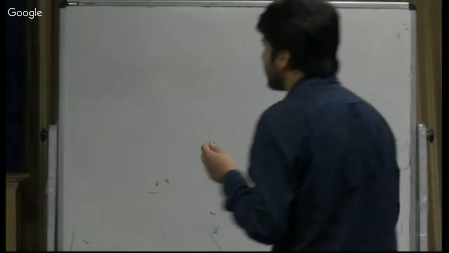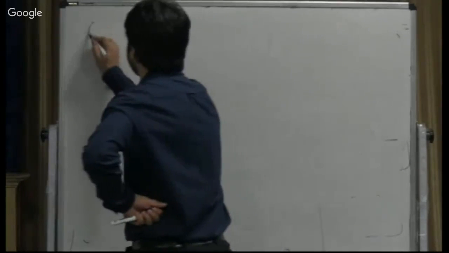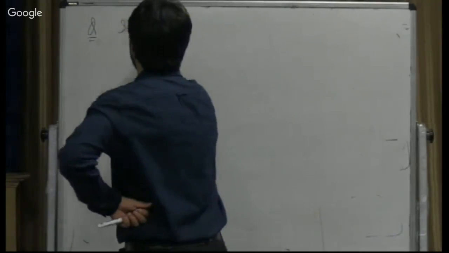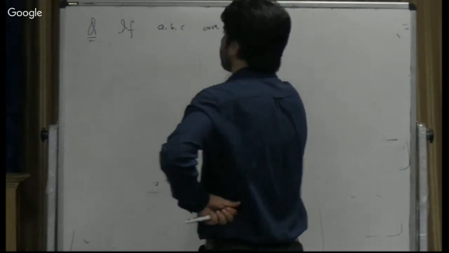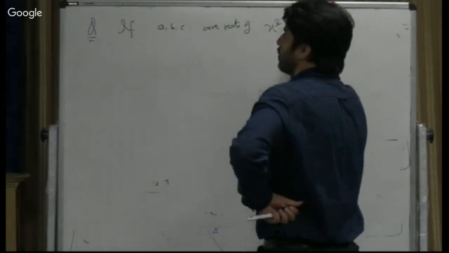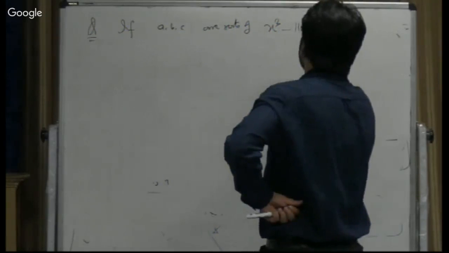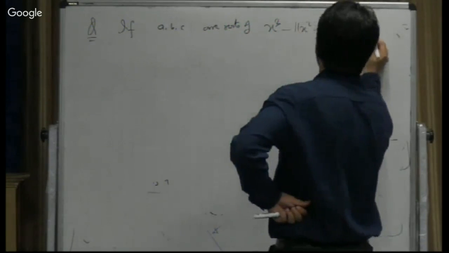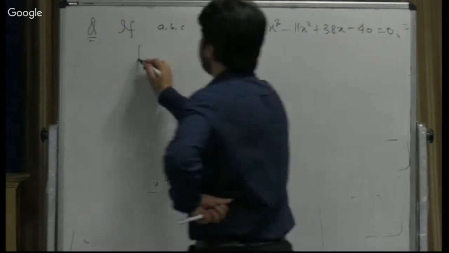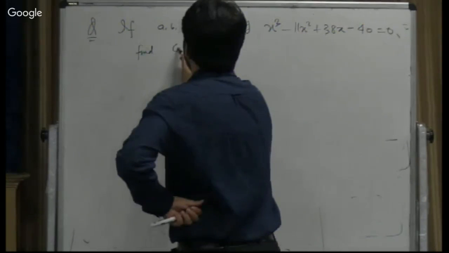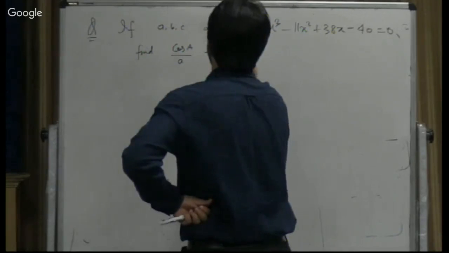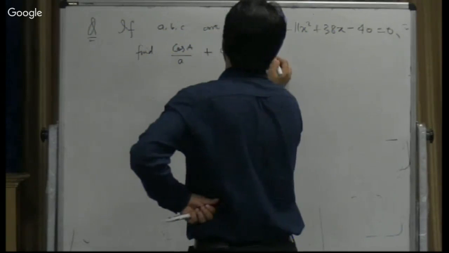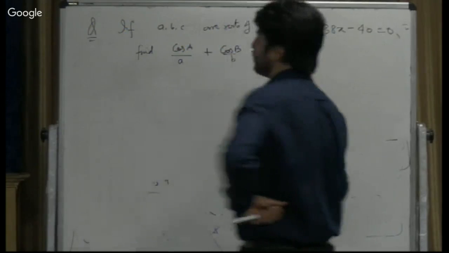So our question is, if a, b, c are roots of x cube minus 11x square plus 38x minus 40 equals 0, find cos A by a plus cos B by b plus cos C by c. Just do it.